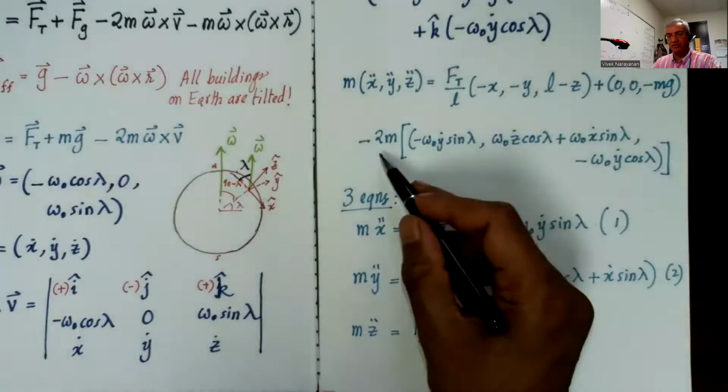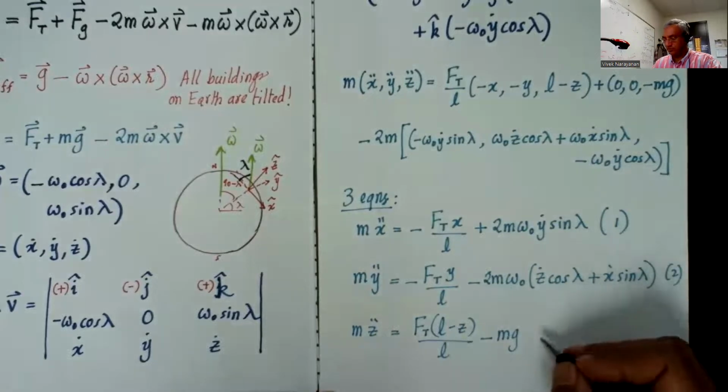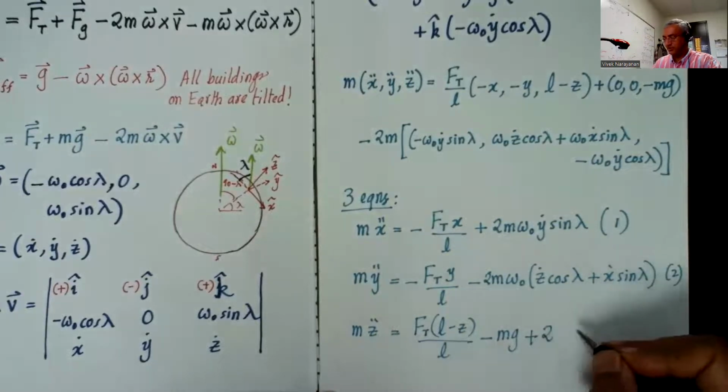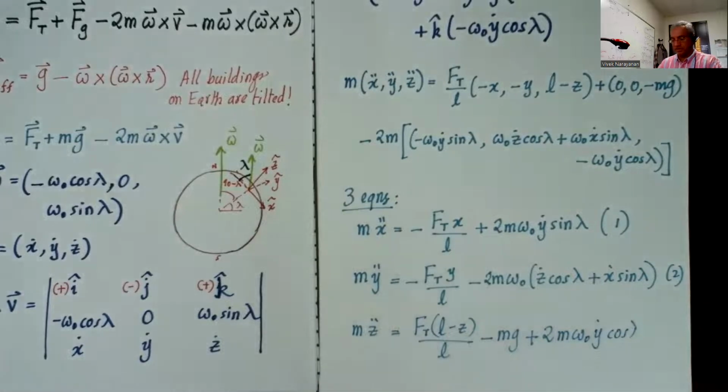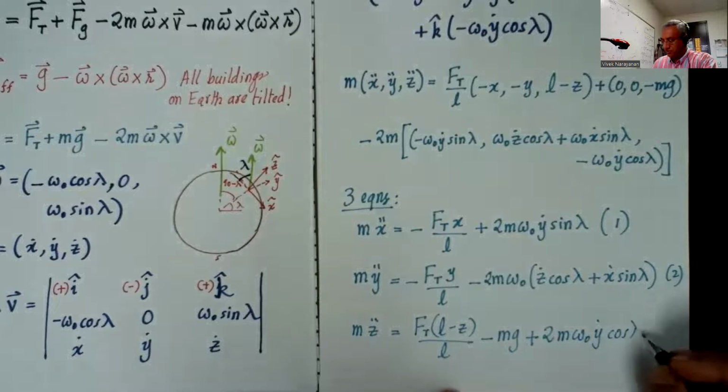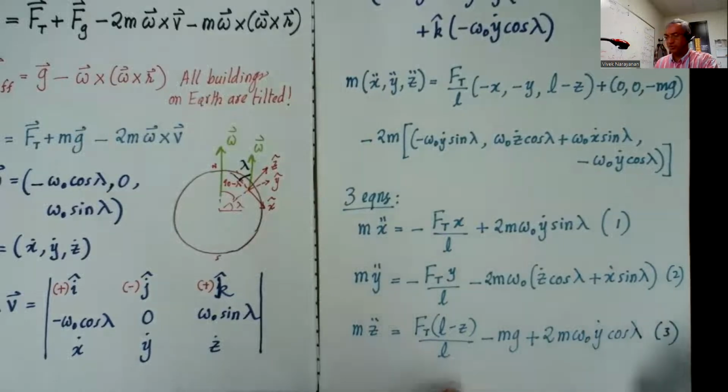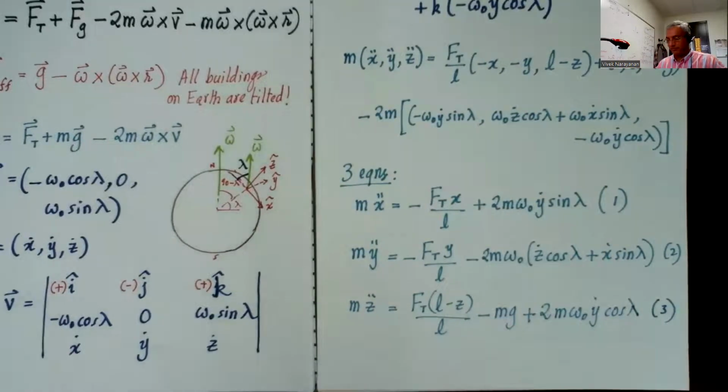And then there's a minus 2m and a minus sign. So the two things cancel out and you get a plus. So I get 2m omega naught y dot cosine lambda. That's equation 3. These are known as coupled ordinary differential equations.